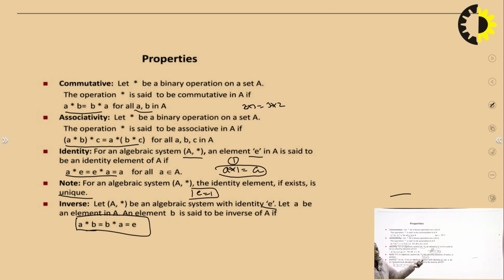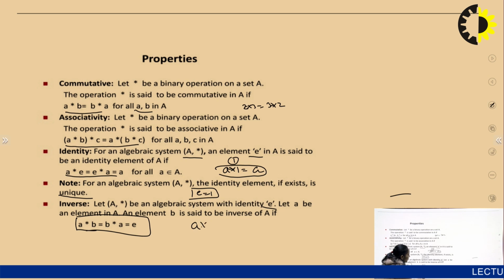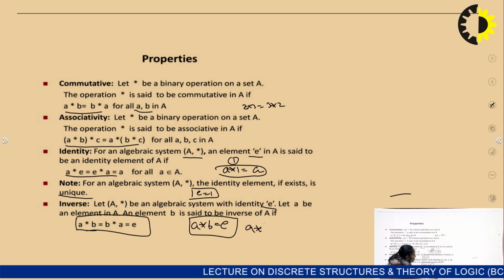So if E is the identity, then what will be the inverse of A? Suppose here the inverse of A is B. How can we calculate that? What is the inverse of A? If A into B is equal to E, this is the property. So if we are talking about the same operation, multiplication, then the identity element, A into B, is equal to 1.